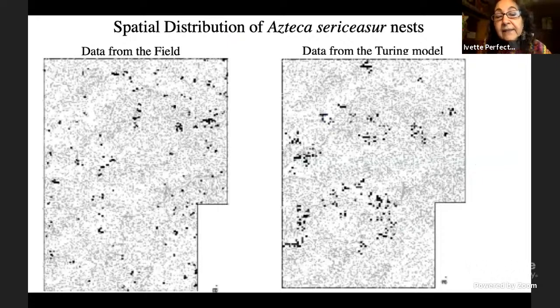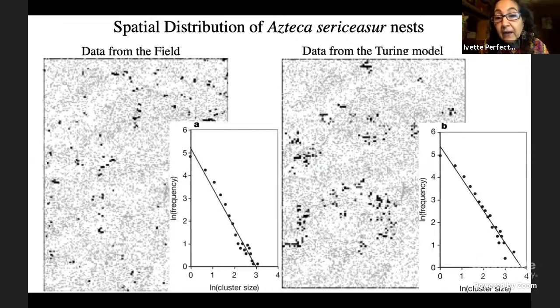Here is the data from the field and the outcome from the simulation. So you can see on the left is the data from the field, on the right you see the simulations that came from this cellular automata model. The model basically predicts the number of Azteca nests and the cluster distribution to a relatively high level.